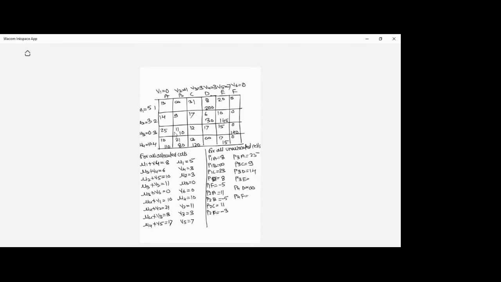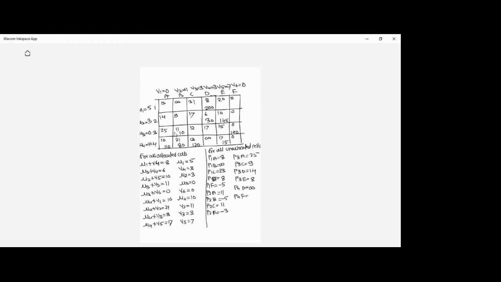P3E is 0 plus 7, that is 7, and 15 minus 7 is how much? You yourself can do this, or as a practice as well. So it comes out to be 8.